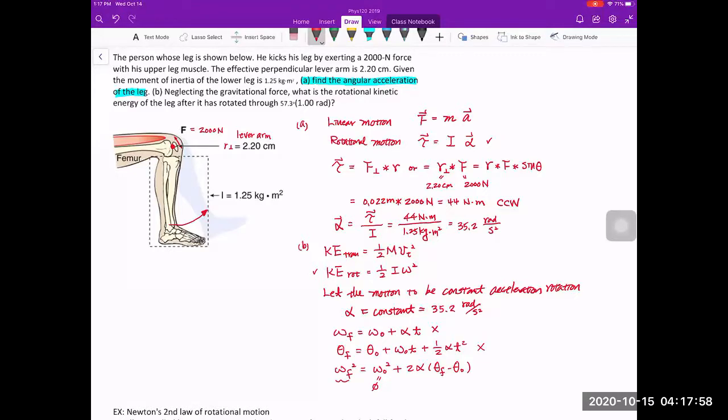But when you do this calculation, since alpha is in radians, this one should also use radians. So that's equal to 1 radian. Therefore, omega f squared is simply 2 times 35.2 radian per second squared times 1 radian. And that's simply 70.4.